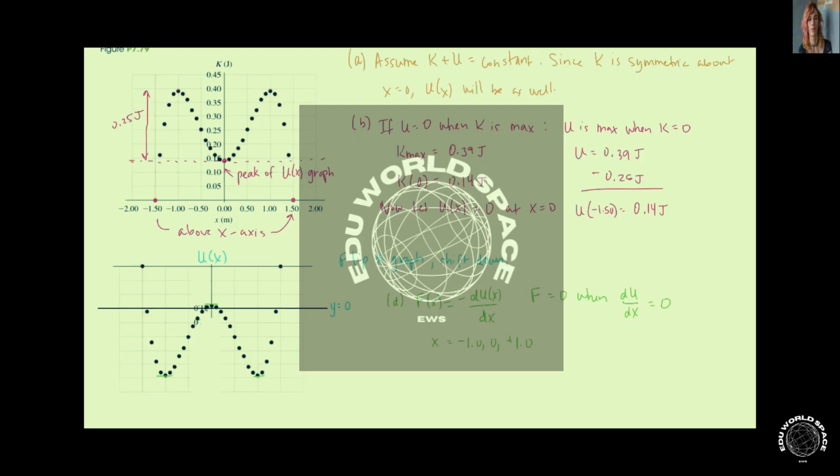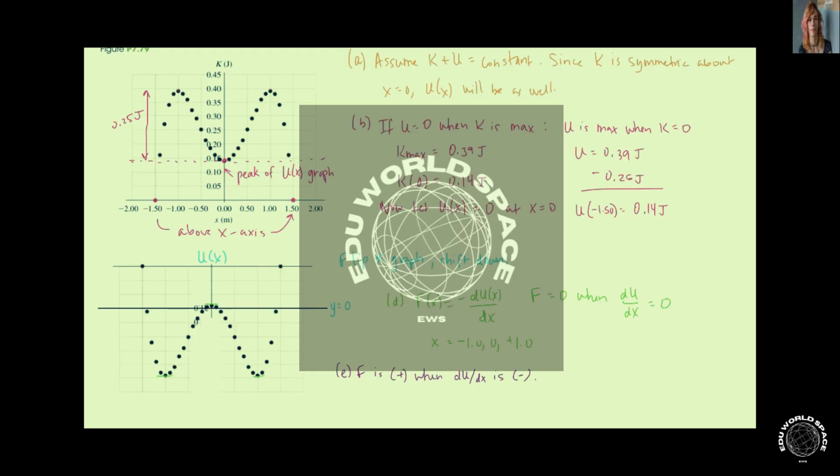And now, for what range of values is F positive? F is positive when dU dx is negative.